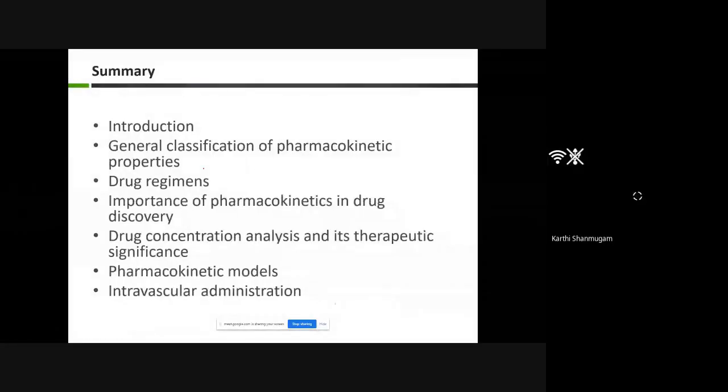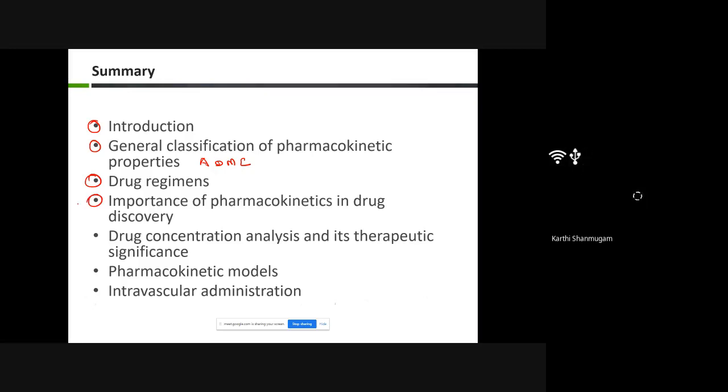So this is what I wanted to cover in the first half of the second unit. I wanted to introduce what is meant by pharmacokinetics, the general classification of pharmacokinetic properties like ADME: absorption, distribution, metabolism, excretion. We'll see the definition of drug regimen, and the importance of pharmacokinetics in drug discovery.